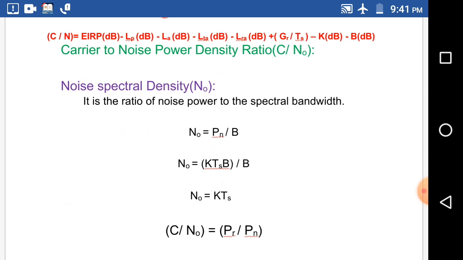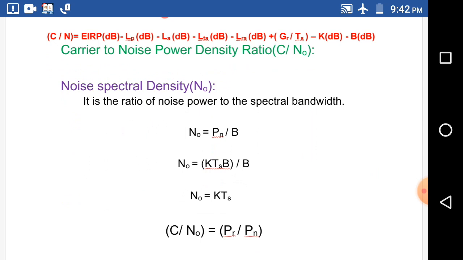N naught equals noise power Pn divided by noise bandwidth B, and hence B gets cancelled and your final formula for noise density equals K times Ts. K is the Boltzmann constant and Ts is the system noise temperature.